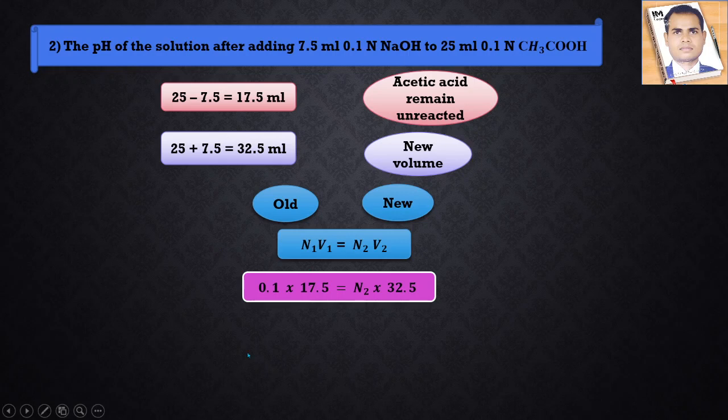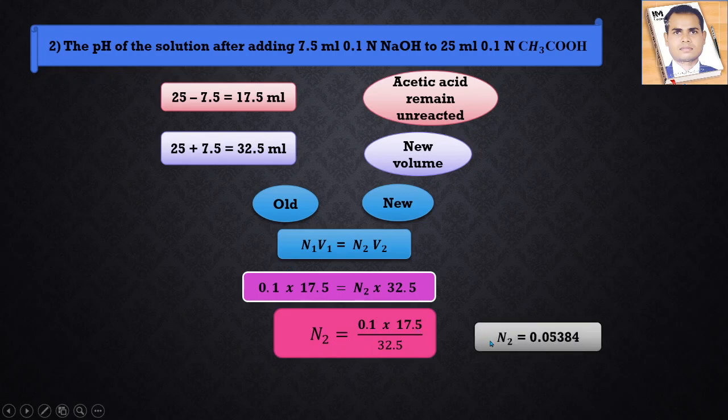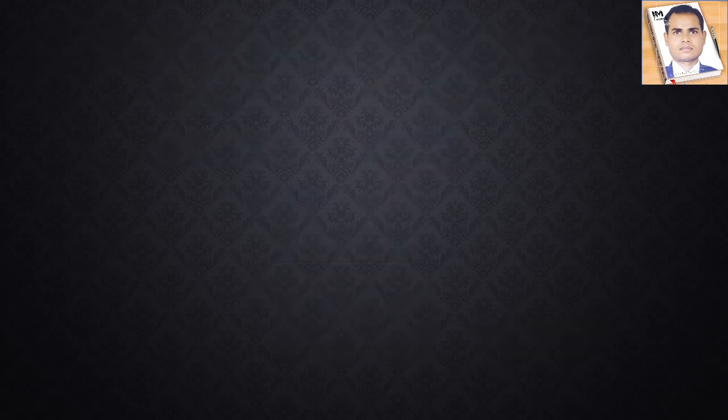The left hand side is for the unreacted acetic acid, and the right side is the total mixture of base and acid. In this way you arrange the equation and calculate N2, and you will get 0.05384. That is the normality, the concentration of the unreacted acetic acid.